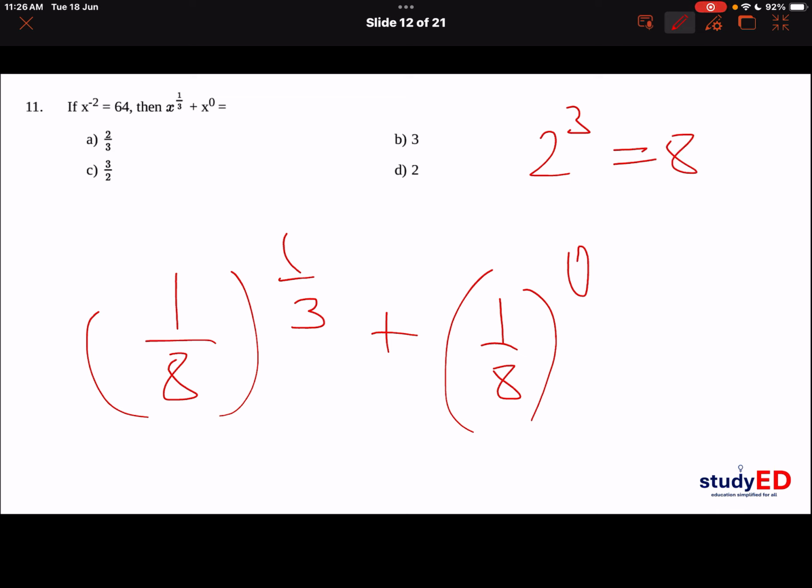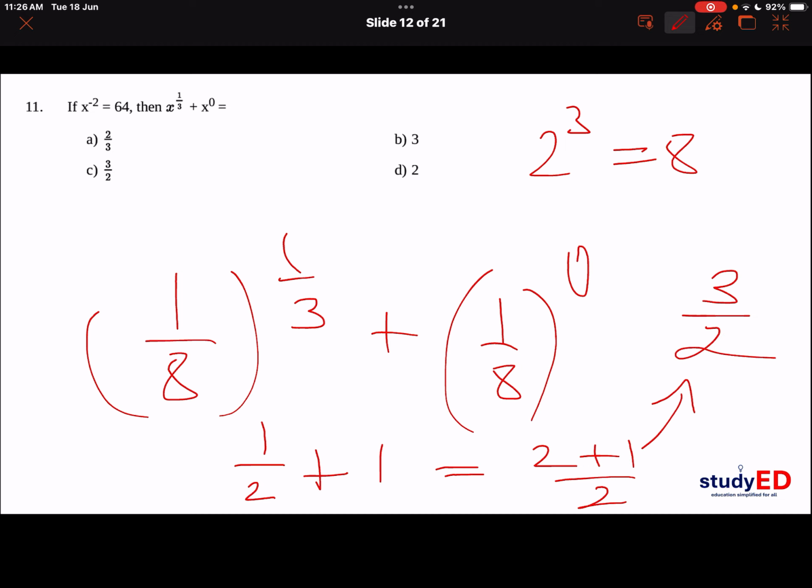So cube root of 8 is 2. So this gives us 1 by 2. And anything to the power 0 is 1. Further simplify that. 2 plus 1 by 2, that is equal to 3 upon 2. So we get the final value of this equation as 3 by 2. That is 11c.